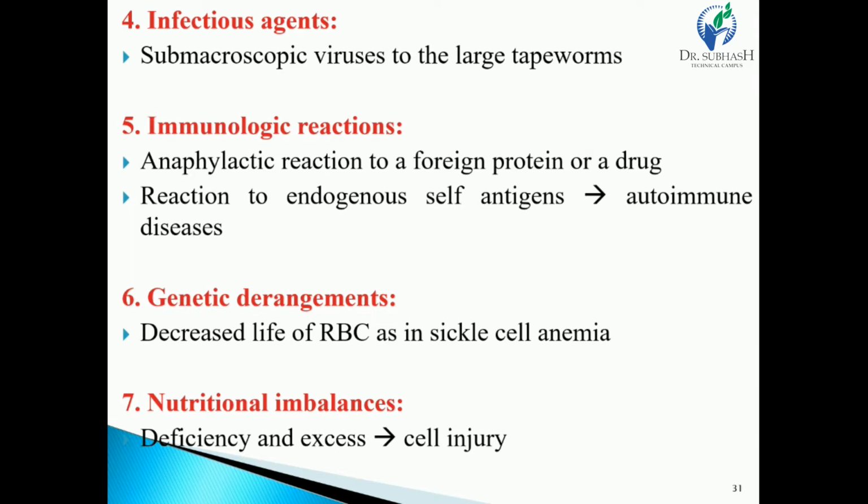And the last cause is idiopathic diseases. Here idiopathic means of unknown cause. Here the cause may not be known. Finally we can say that although so much is known about the etiology of diseases, there still remain many diseases for which the exact cause is undetermined.